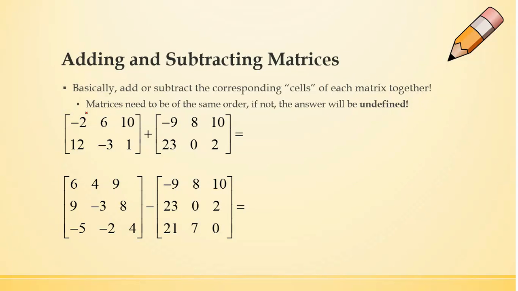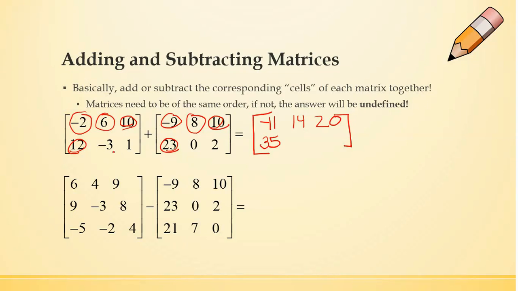So basically, I'm going to take this number and add them together. So -2 plus -9 is, draw my new matrix, -11. 6 plus 8 is 14. 10 plus 10 is 20. 12 plus 23 is 35. -3 plus 0 is -3.